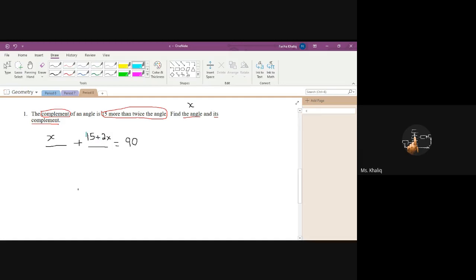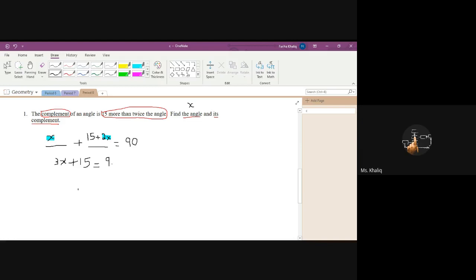Now it's basic algebra. You're going to combine x with 2x. When you combine both of them, you get 3x. So let's write that down, 3x. And then I have plus 15 equals 90.